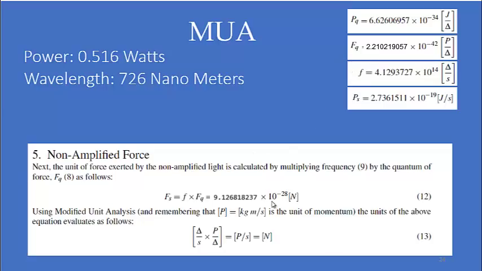And we get this value. Okay, using modified unit analysis, and remembering that P is the unit of momentum, the units of the above equation evaluate as follows. As you can see, this evaluates to the unit of force. So this is a force term.